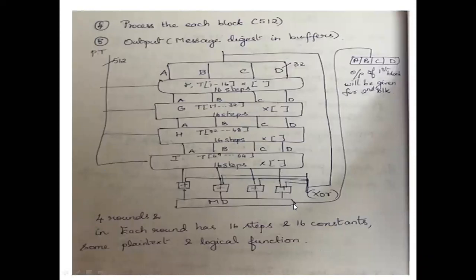Now this output will be given to the second block. Again, the second block will have the same process, 4 buffers, and the same thing continues. This is a chaining process. The output is given to the next block, and it keeps repeating until we reach the final message digest value.